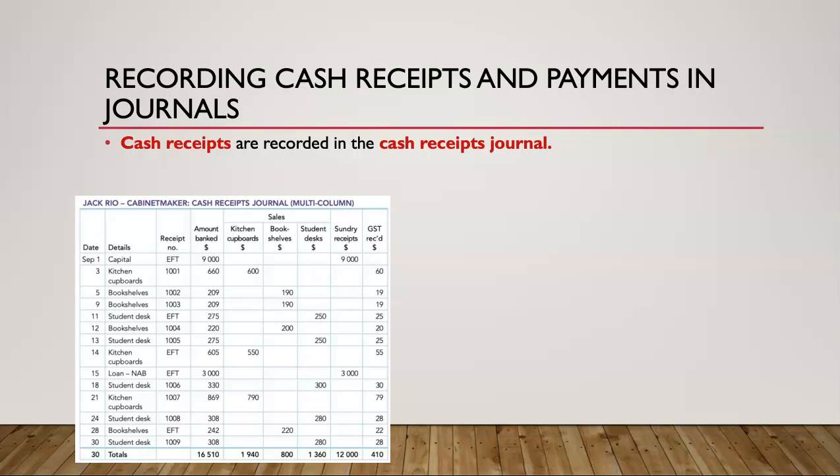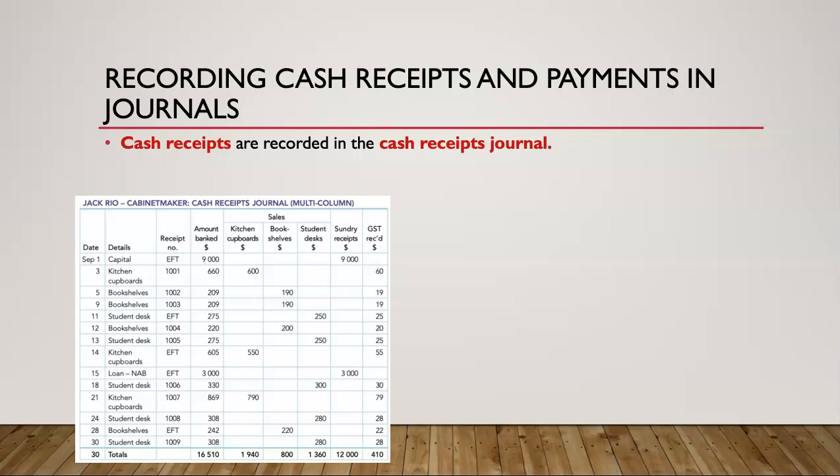In the columns, we will put the date, the detail, and always put the source document. So this could be a receipt, the most common source document for cash receipts, or electronic fund transfer, the EFT. So we've got this information from our bank statement.